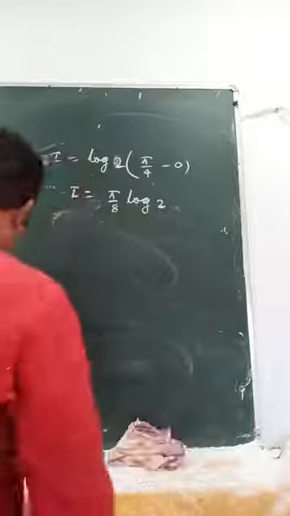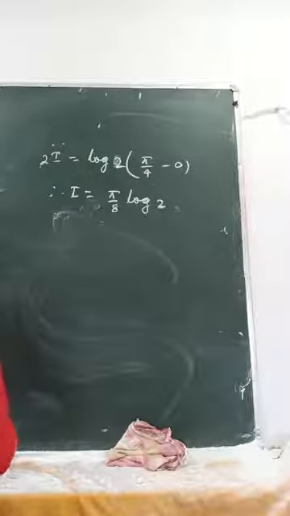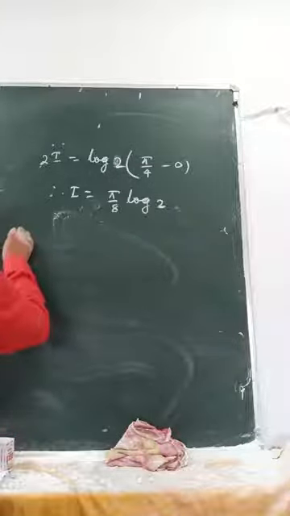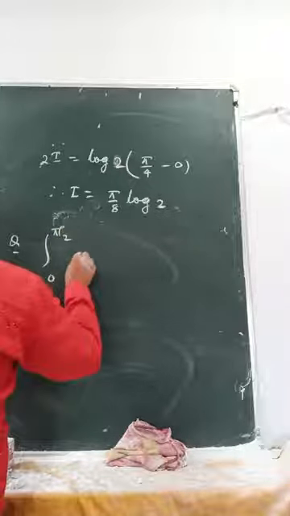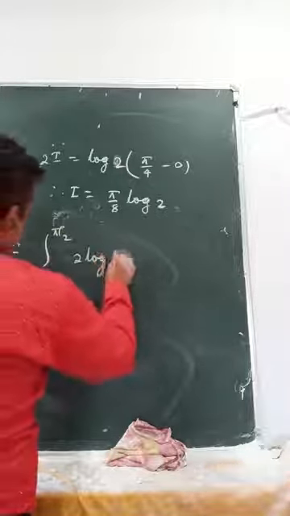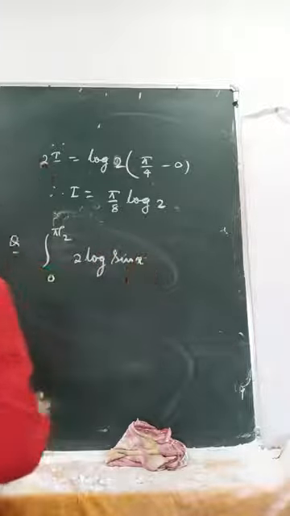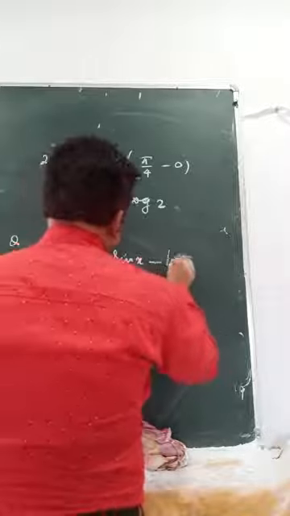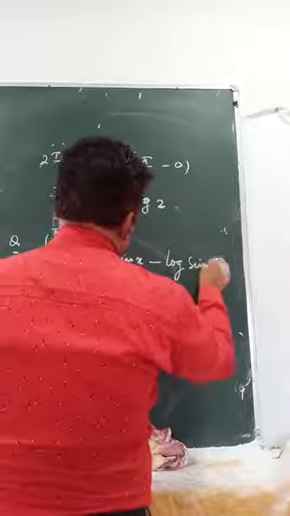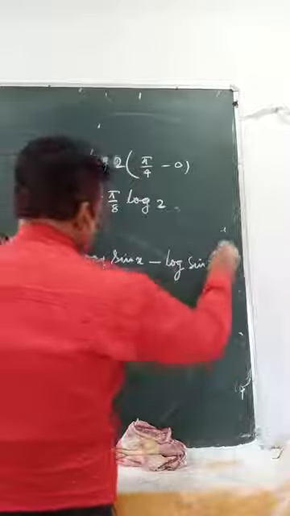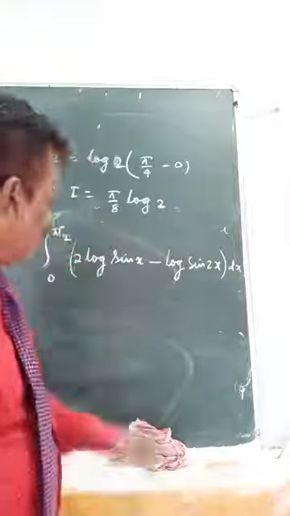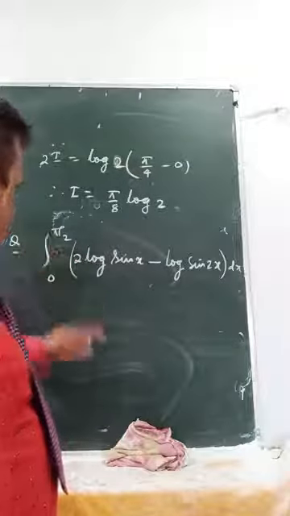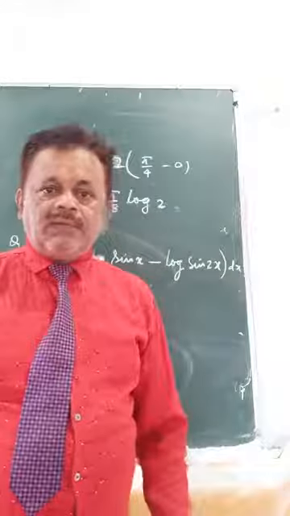another question. If I take question number 10, integral from 0 to pi by 2 of 2 log sin x minus log sin 2x. Okay, how to solve? The clue is here, it is in two forms, but try to simplify, make it one form.